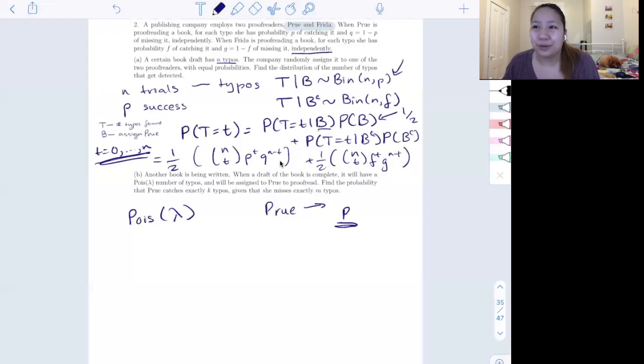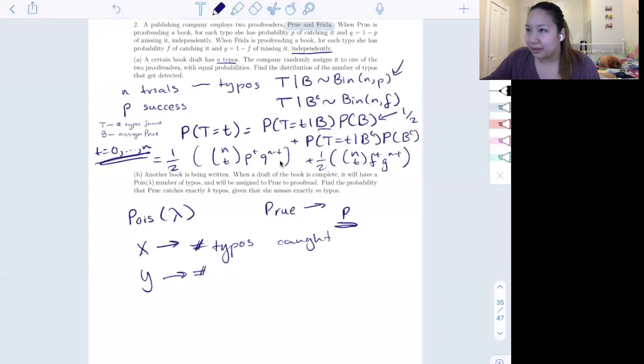So let's look at what we're actually solving. The probability that Prue catches exactly K typos, given that she misses exactly M typos. Okay, so let's give these names. Say X is the number of typos caught, and Y is the number of typos missed. So unconditionally, this is going to be chicken egg.